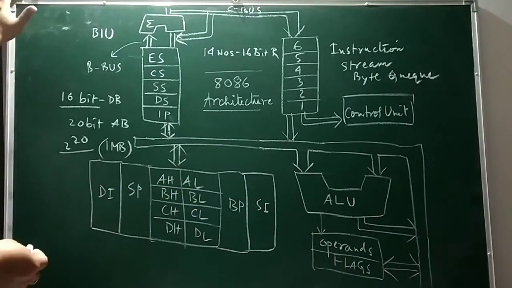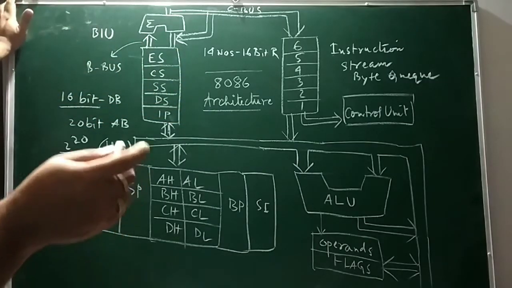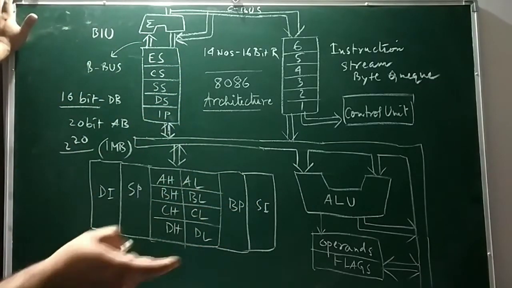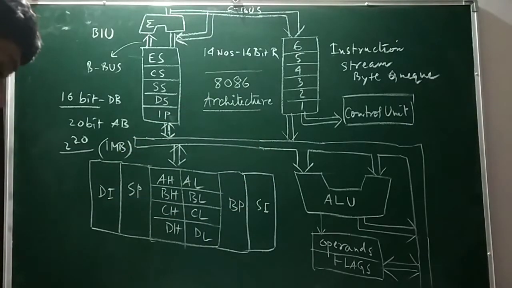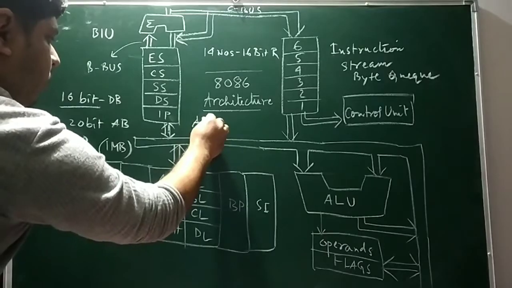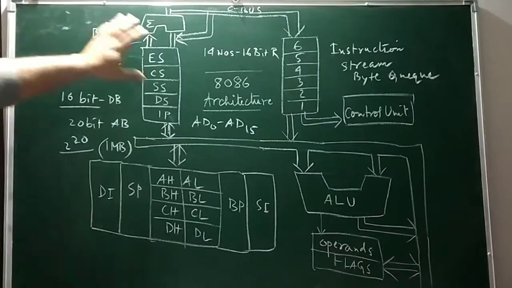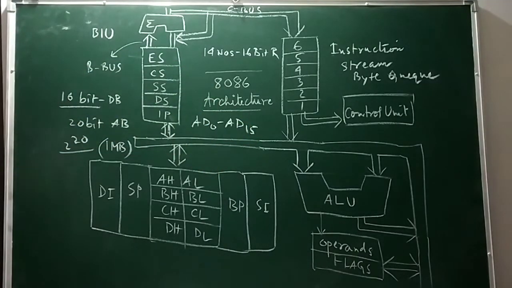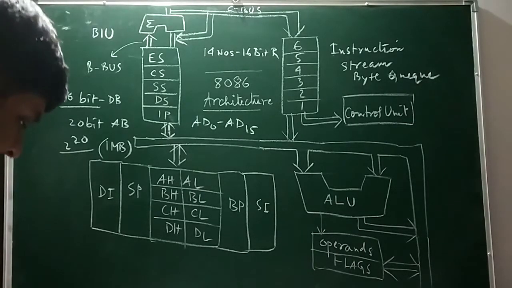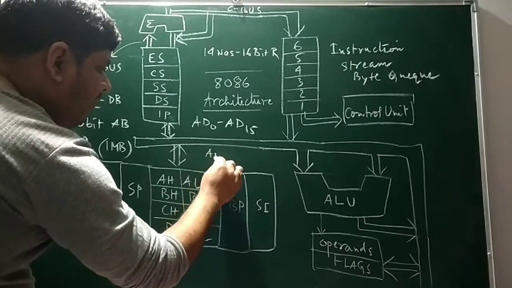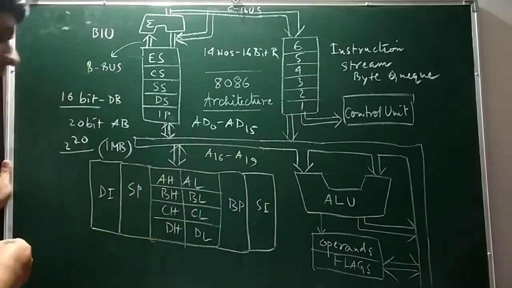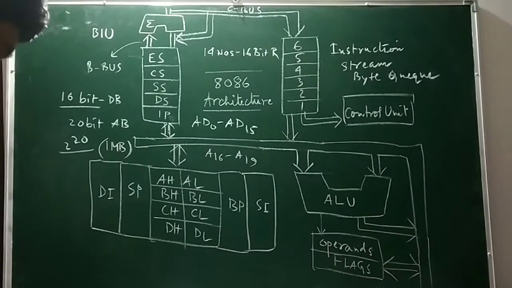In 8086 it has a multiplexed address and data bus, means it has AD0 to AD15, data and address both are there, and A16 to A19.